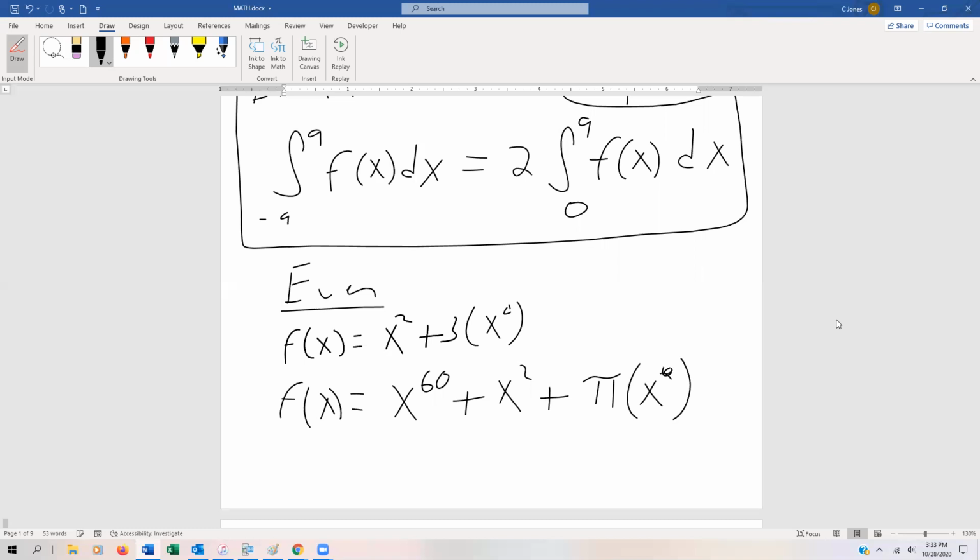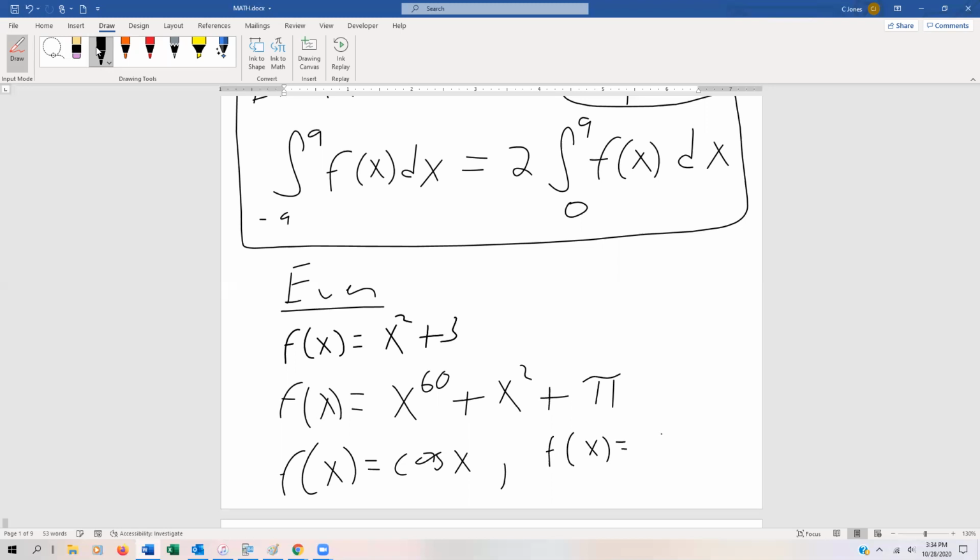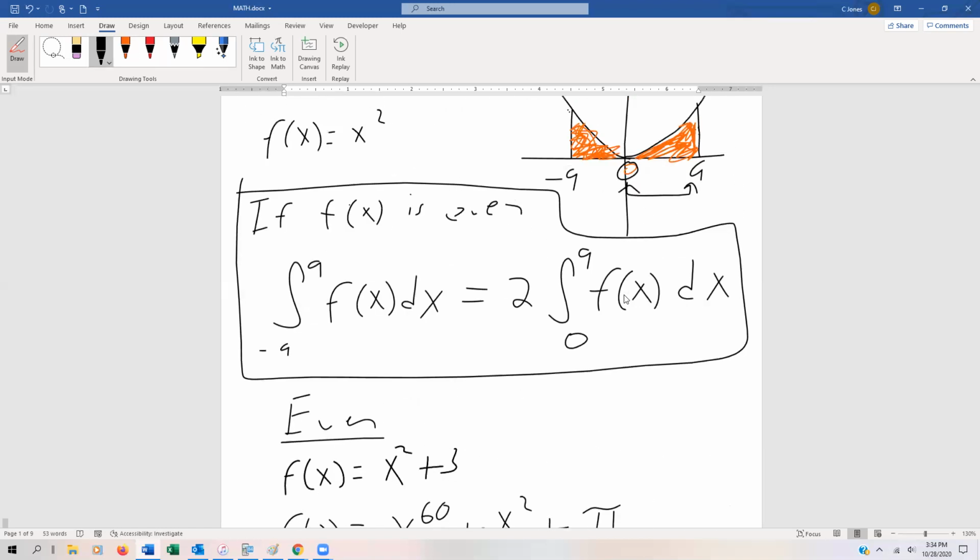So that would be like the coefficient. And clearly all the exponents are even. Right? There are some trig functions that are even as well. You might remember that the cosine function is an even function. Also, its reciprocal, the secant function, is also an even function. All right, so those are just some even functions.